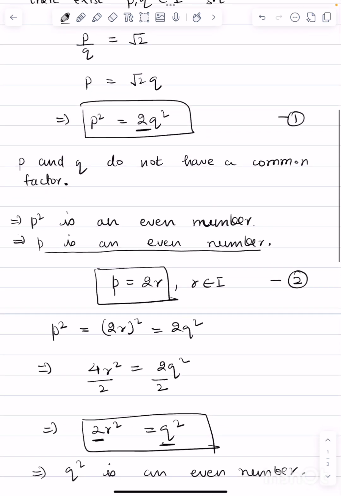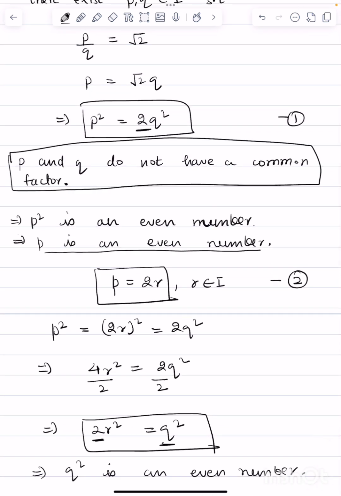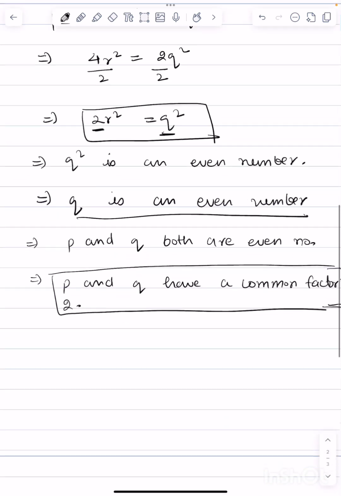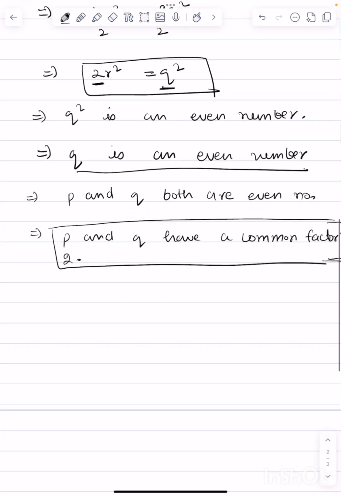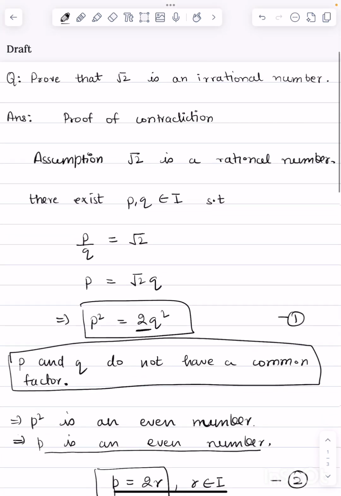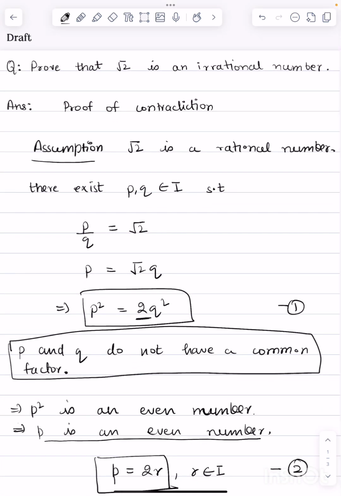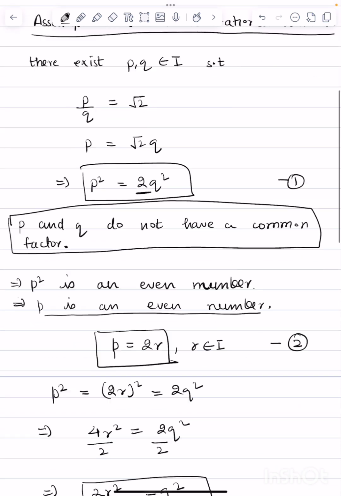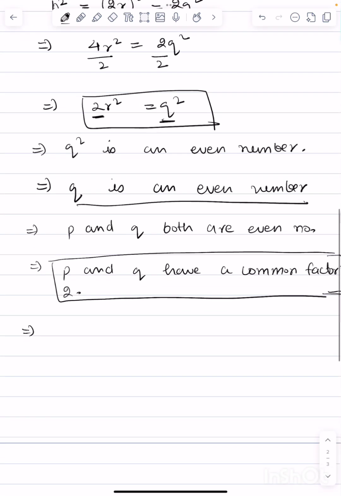We had assumed that p and q do not have a common factor. So this means that our most basic assumption was incorrect, which is root 2 being a rational number. This assumption is incorrect. Hence, root 2 has to be an irrational number.